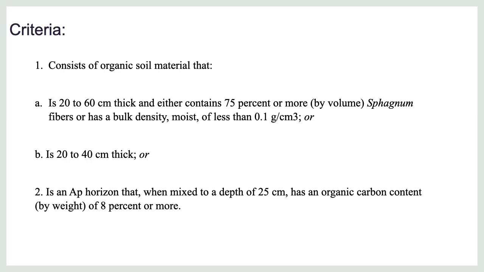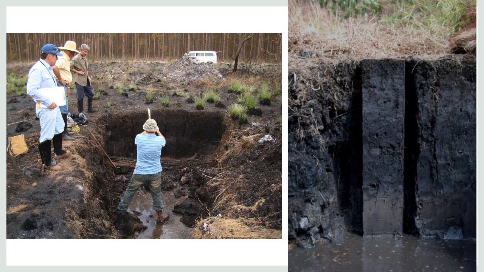So the content of organic carbon here is quite high, and because of this, we have a strong influence of organic matter, of organic carbon, on the morphological, chemical, and physical properties of the horizon. The histic horizon is different from the folistic horizon, the folistic epipedon.